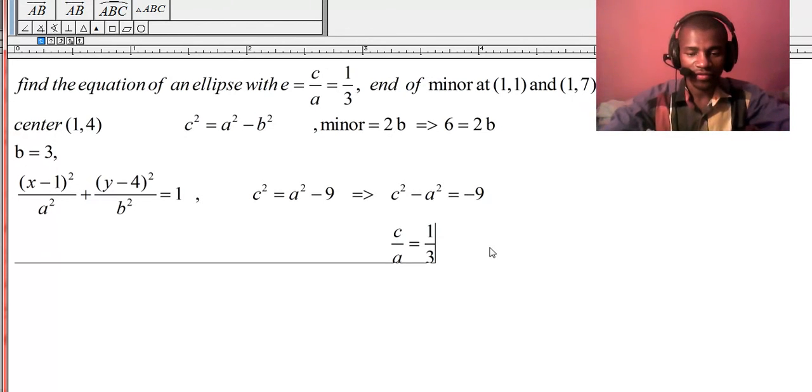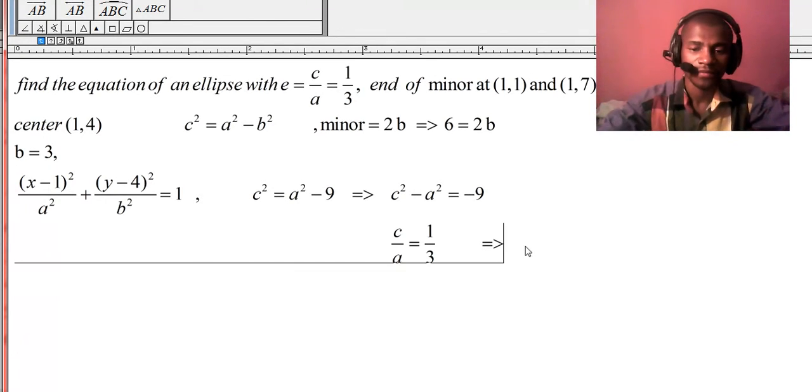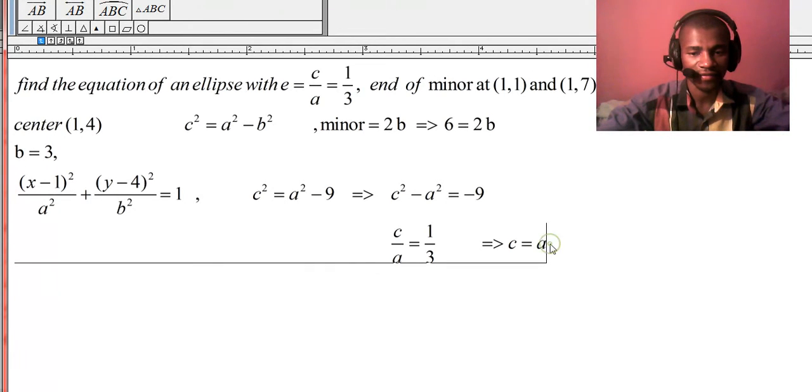Okay, so also we can make C the subject of the formula, and then it follows that C is equals to A over 3. So now C is equals to A over 3.